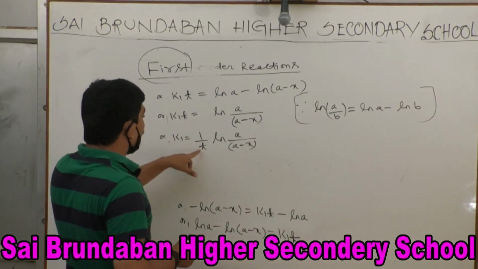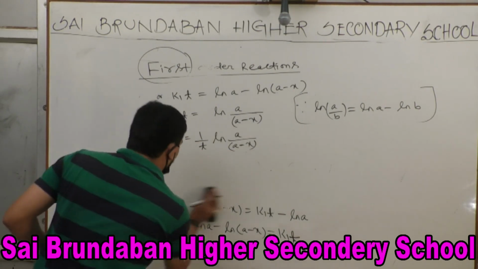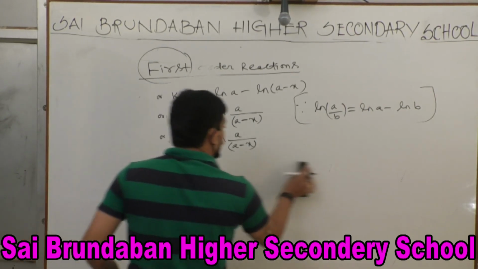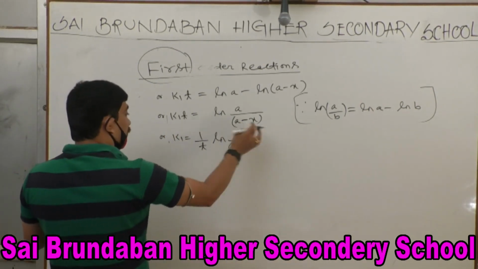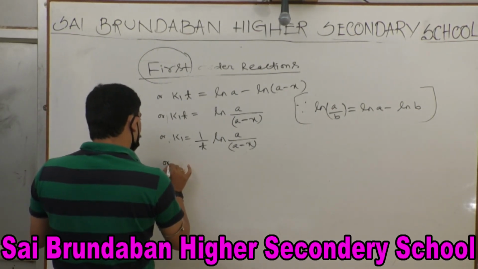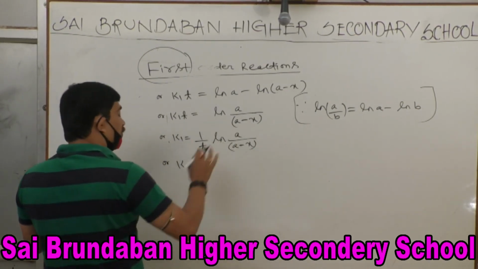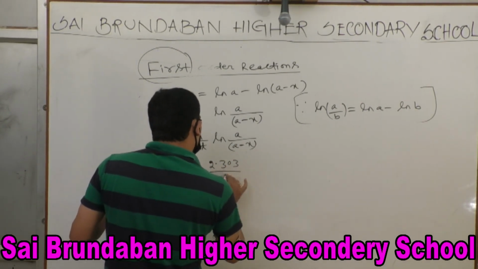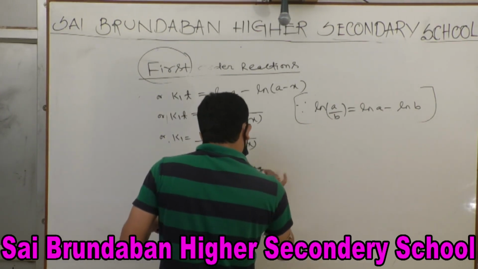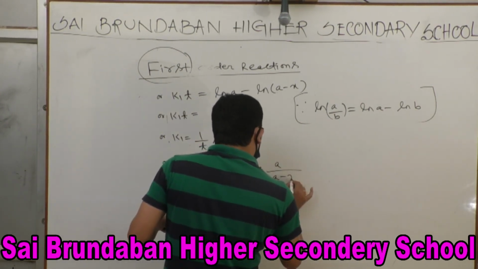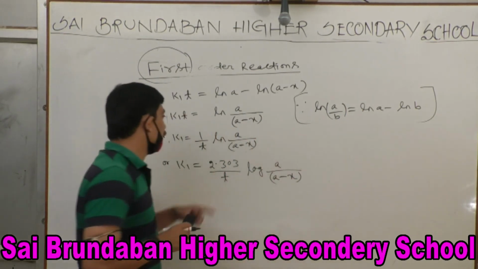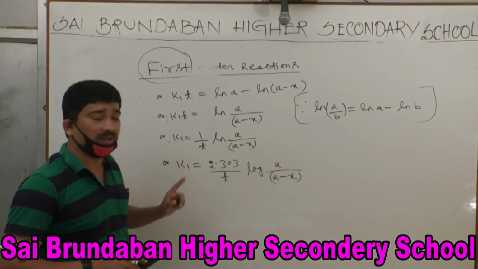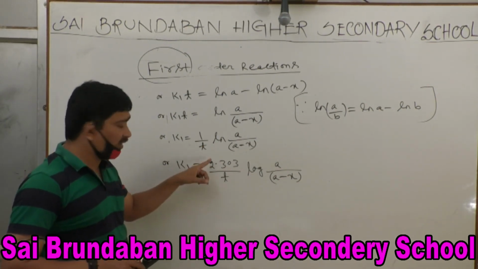So K1 equal to 1 by t ln of A by A minus X. Next, if we convert ln to log, we have to multiply by 2.303, because this is the conversion formula.